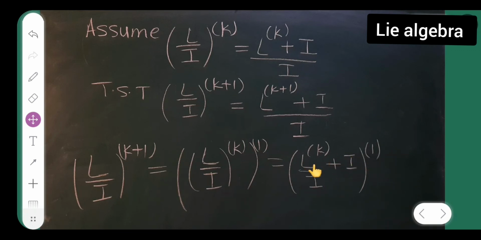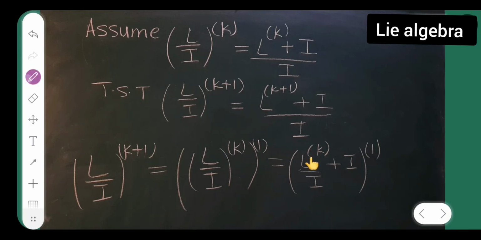Now how did I get this? This I have written in this form. And how did I get this? (L/I)^(k) is nothing but (L^(k) + I)/I. So that is what I have plugged in here.